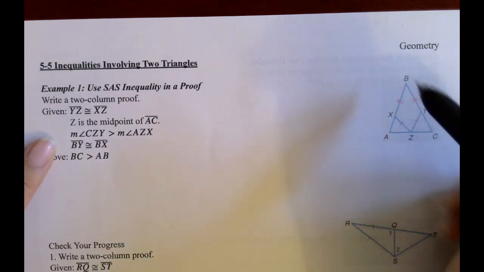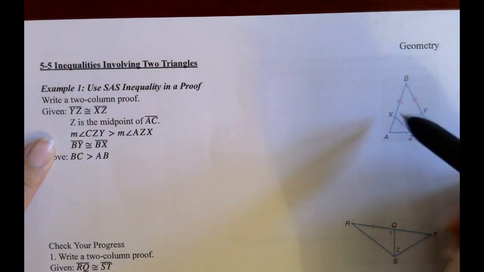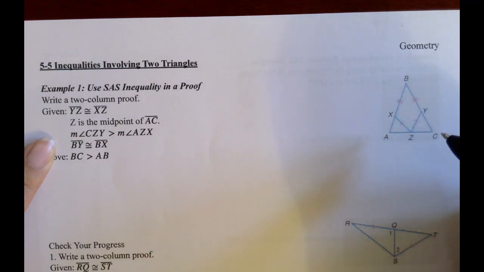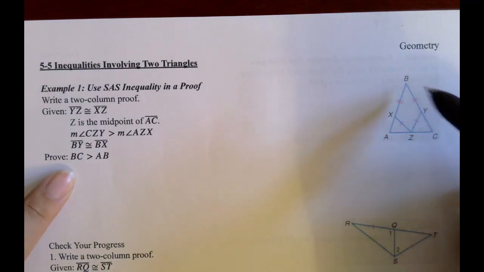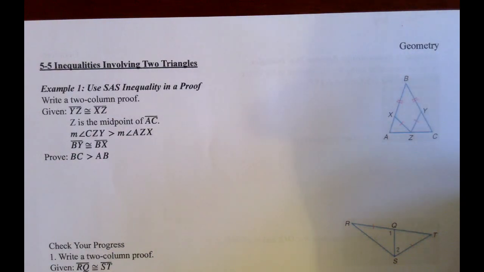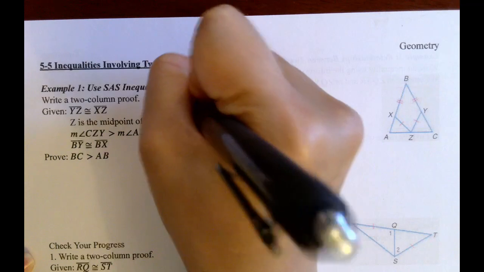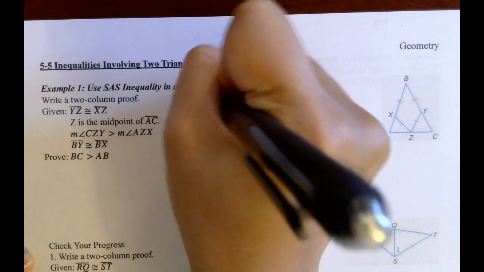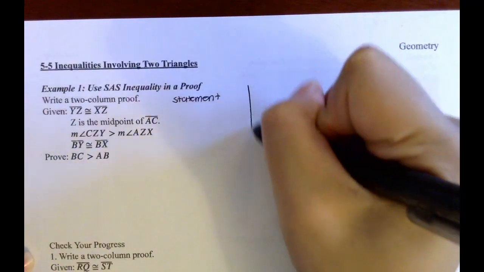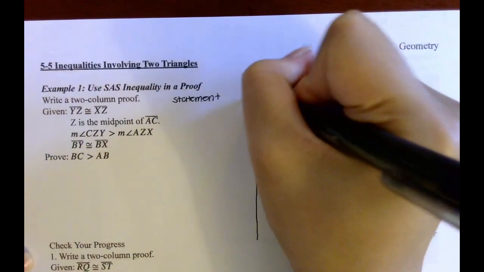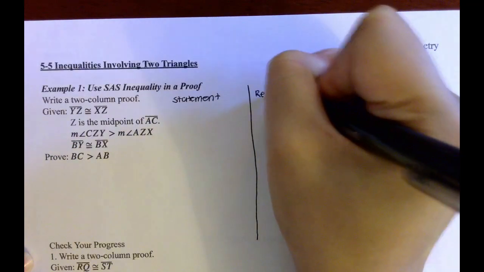And we also know that BY is congruent to BX. We want to show that BC is greater than AB. So let's start with our proof. Statement and reason.